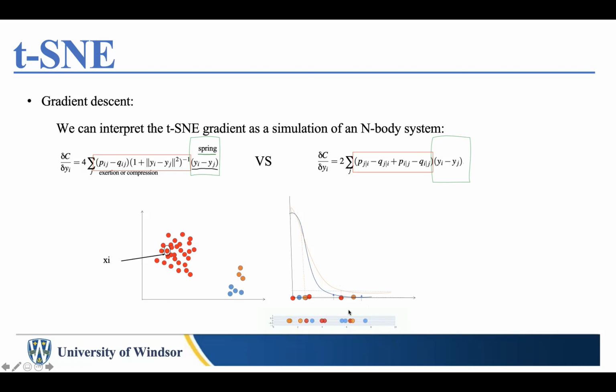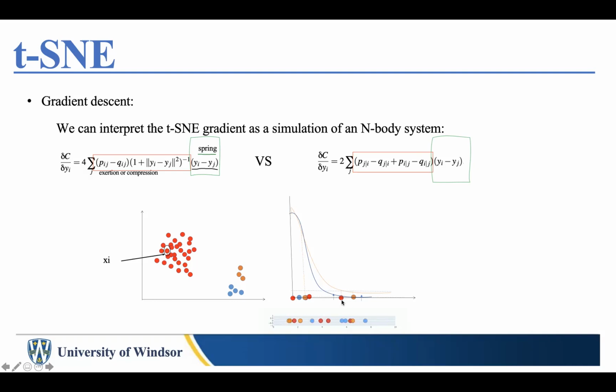Because SNE and t-SNE both use a random walk algorithm to map data points in the low-dimensional space. If the data point has a high similarity in the high-dimensional space but has a low similarity in the low-dimensional space, let's say this red data point, it will have a strong force on the spring to attract Yi to move towards it.